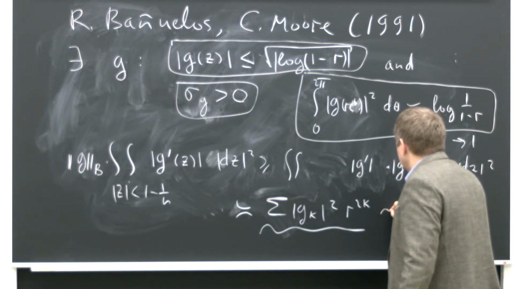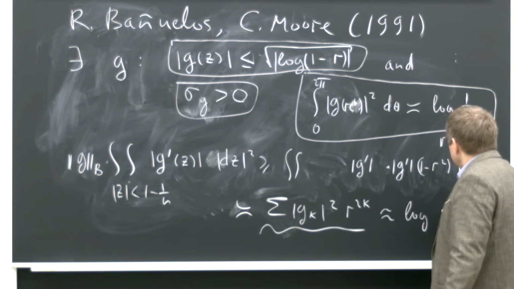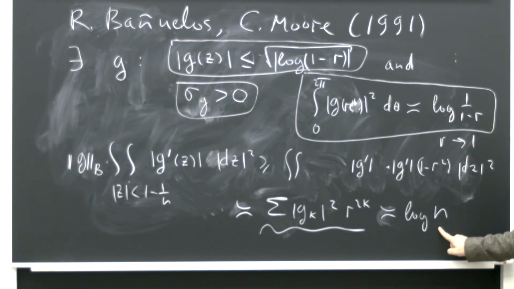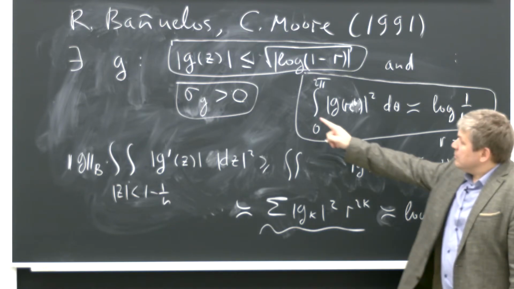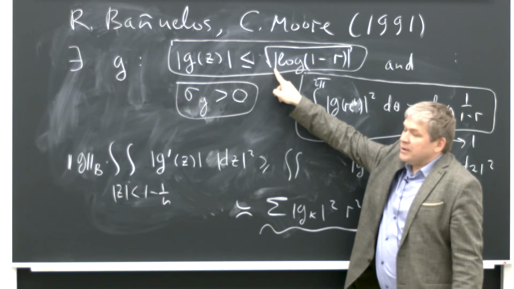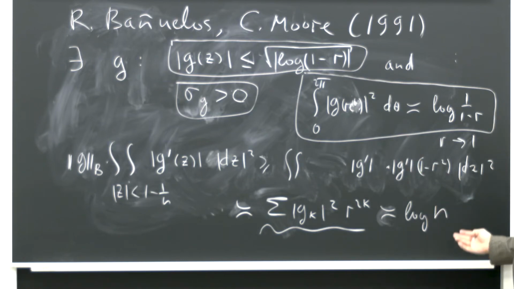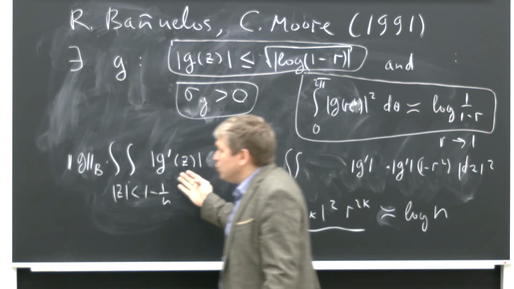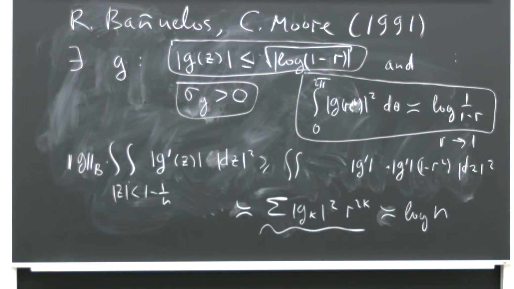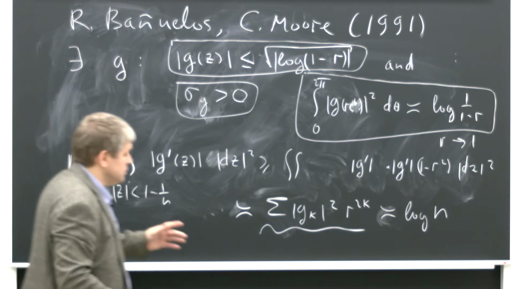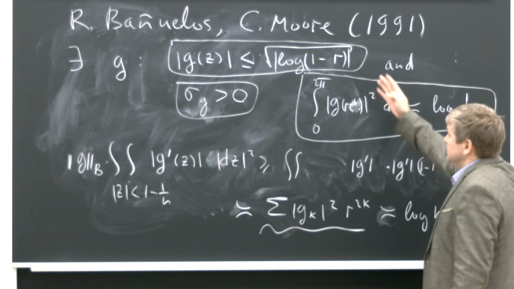Because this is approximately equal, or comparable, to log n, while g of z is less or equal than square root of log n, and then we can divide by this square root of log n, and we obtain a bounded function with such a behavior. So the solution to our problem follows from, or can be demonstrated by using this example.